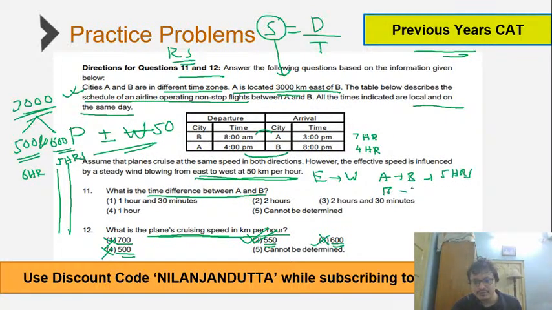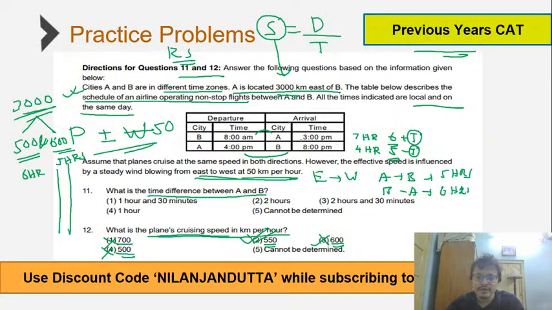When I'm going from B to A, I'll end up taking more time, that is 6 hours, which is why, as you can see, B to A is 6 plus T, whereas A to B is supposed to be 5 minus T. Why this plus T and minus T? This T is denoting the time zone effect. Though the actual time taken is 6 hours and 5 hours respectively, because of the time zone effect, there will be some difference.